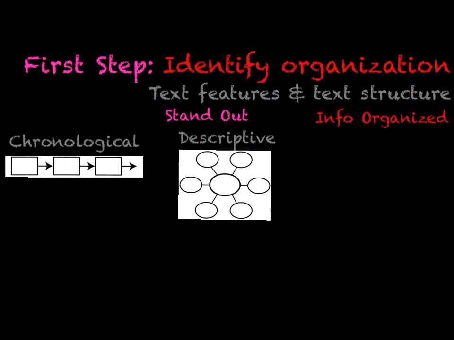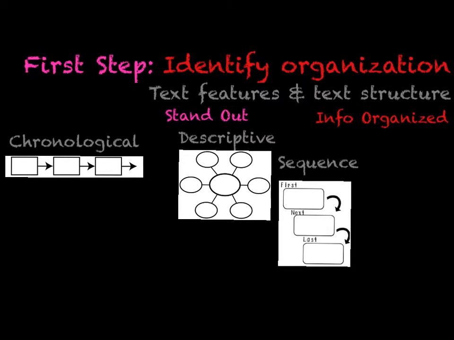Some signal words may be characteristics, looks like, consists of, for example, for instance, and other specific adjectives. Sequence, where information is lined up step by step. It's how to do something or how something happens. Signal words: while, meanwhile, at the same time, not long after, first, second, third, then, and next.